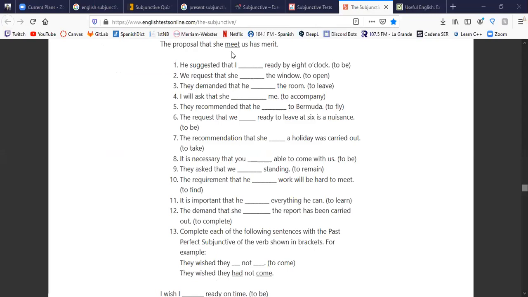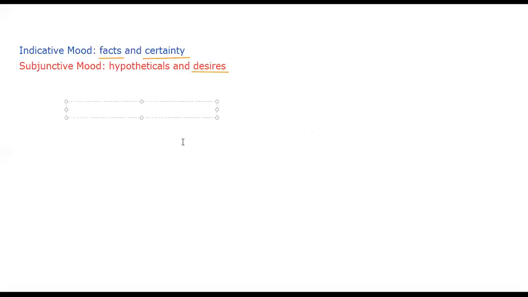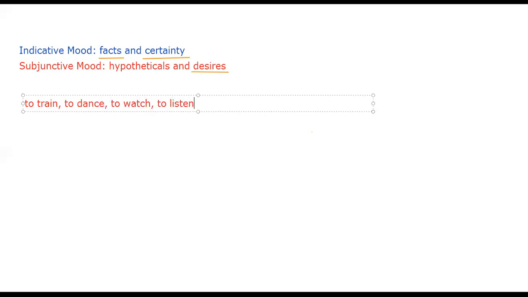So remember, the subjunctive chooses the bare form of the verb, right? The bare form of the infinitive. So just to make sure you guys understand exactly what form you should choose, let's put 5 verbs: to train, to dance, to watch, to listen, to work.